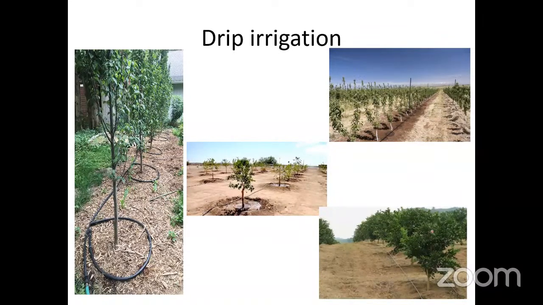But this comes with time, as the tree canopy develops, so that we start to move the drip lines to be under the shadow of the canopy, 25 centimeters, like what we explained in the beginning, for the effective root zones.